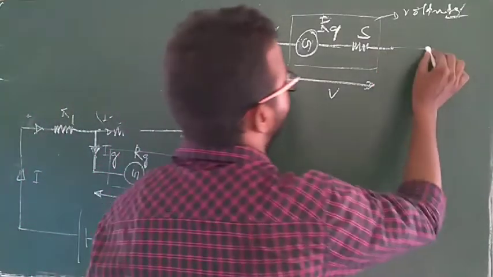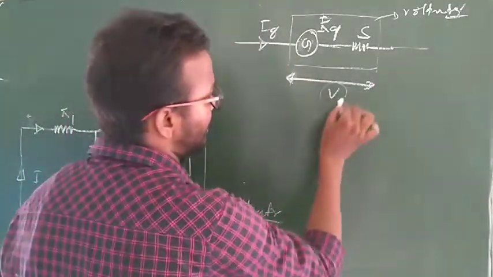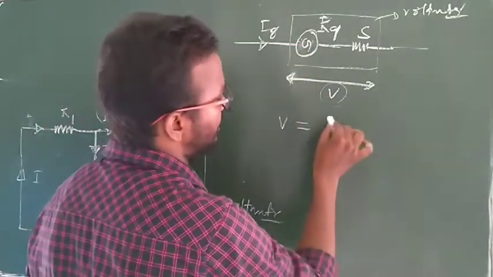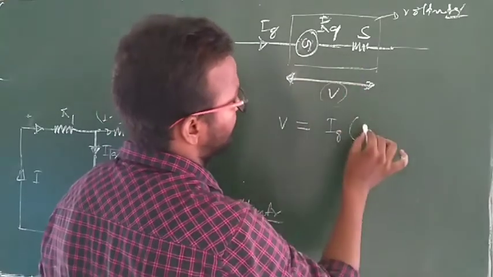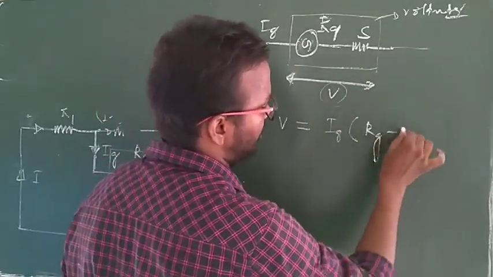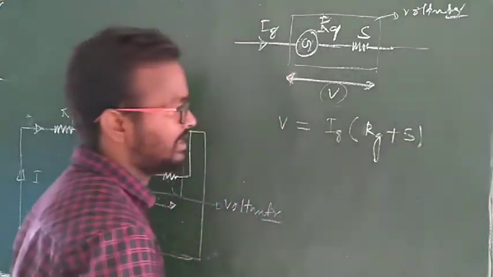So you can write this potential, which is equal to current into total resistance, that is the resistance of the galvanometer plus the shunt resistance. Clear?